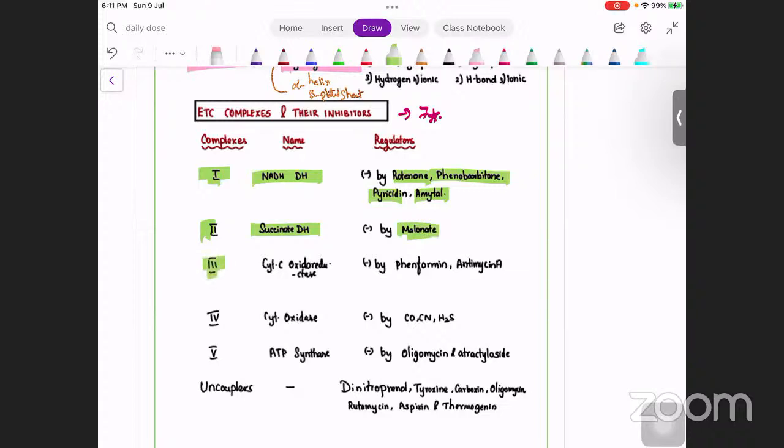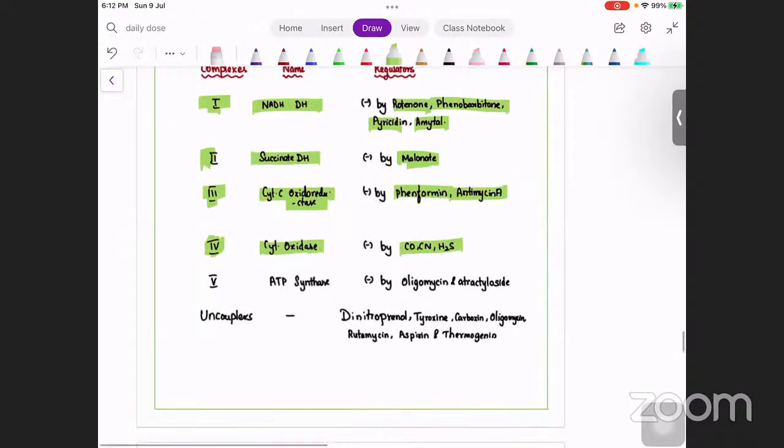Complex 3 is cytochrome oxidoreductase, inhibited by fenformin and antimycin A. And complex 4 is cytochrome oxidase, inhibited by carbon monoxide, cyanide, and H2S.